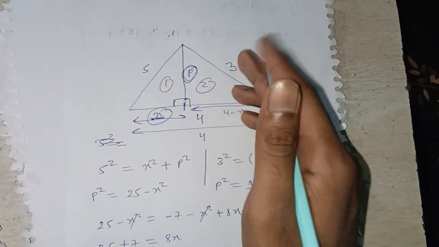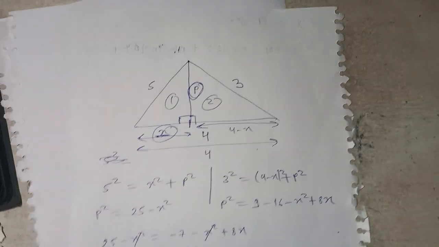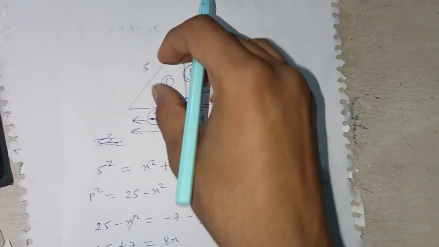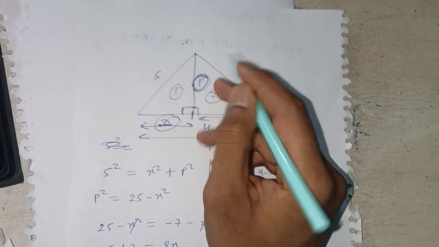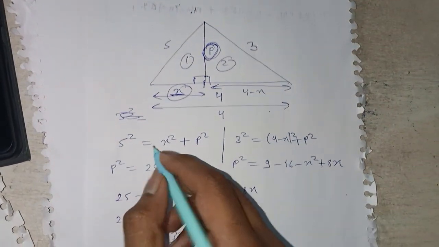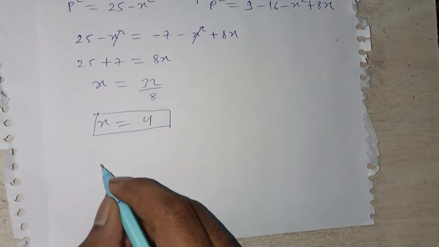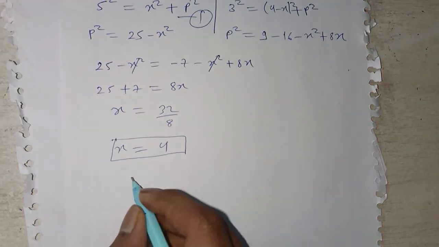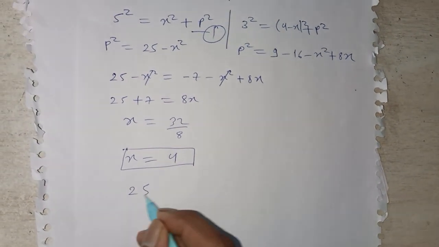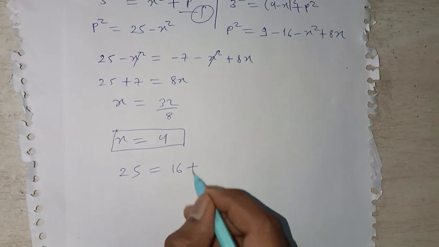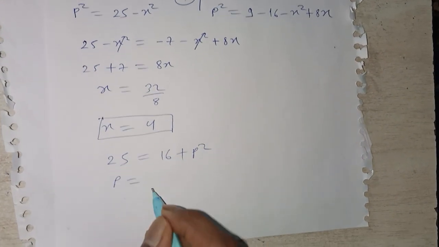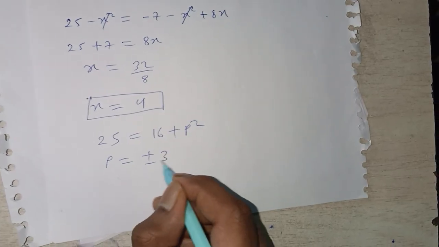Then we will do twice of p. So put the value of x in this right angle triangle, then we will get the value of the perpendicular p, then we can do twice of this. Suppose this is equation 1. By the first right angle triangle, 25 is equal to x square, meaning 4 square, meaning 16, plus p square, then p will be equal to plus or minus 3.